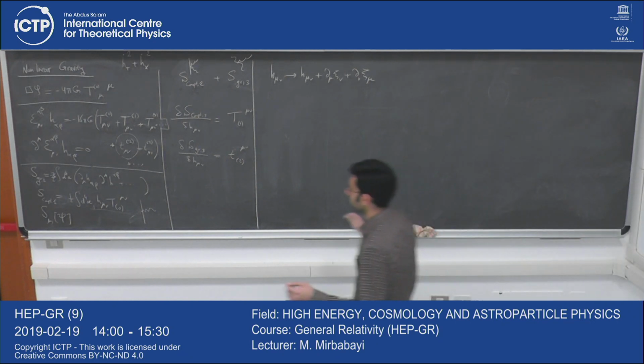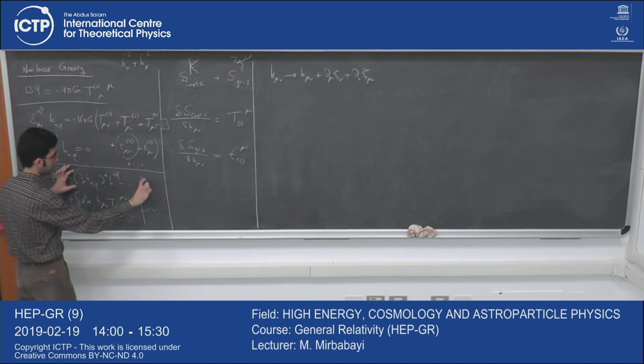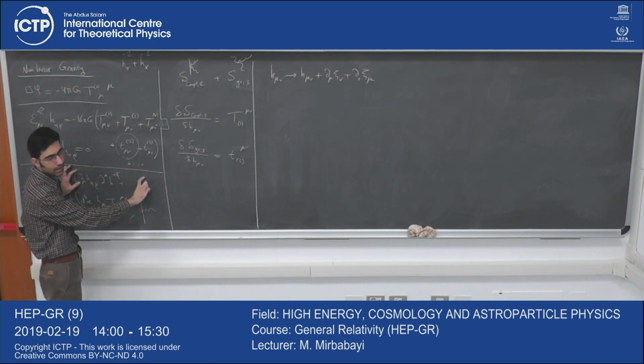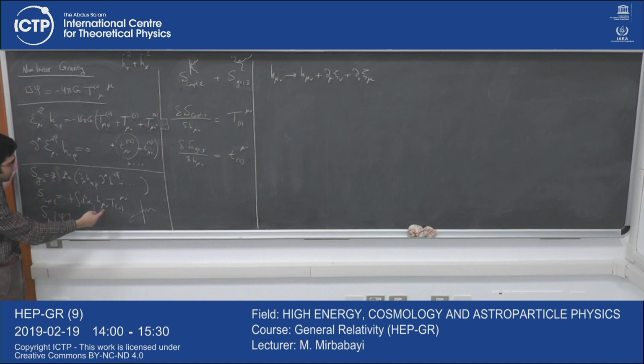The action that I wrote here was invariant under this linearized diffeomorphism. And then we decided that the only way to get a consistent equation at zeroth order is to write this coupling. Afterwards, I was just following a necessary requirement, which is that if I hit this equation by d mu, it has to vanish.